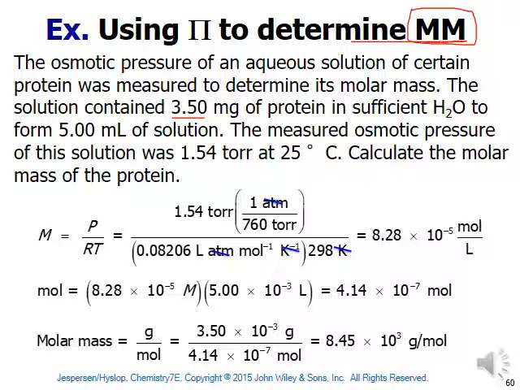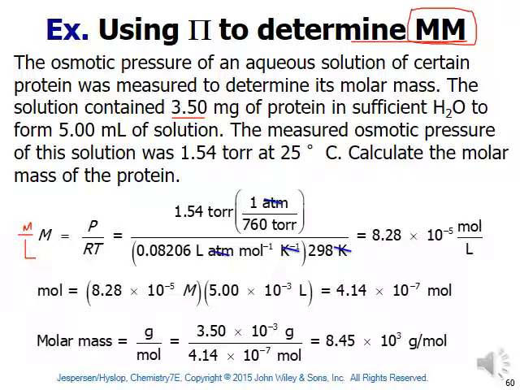So what we need to find out is how many moles are in the 3.5 milligrams, and there are different ways to do this. We're going to use our formula and solve for molarity, because molarity is moles per liter.